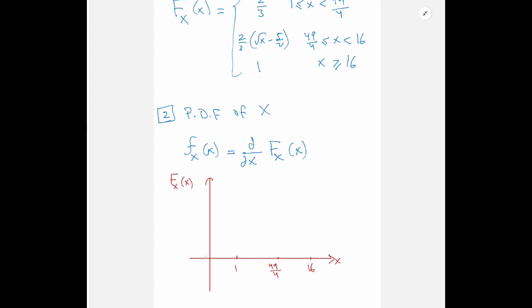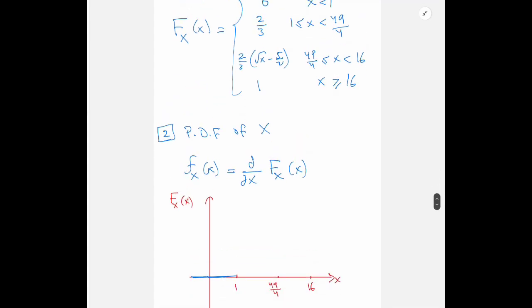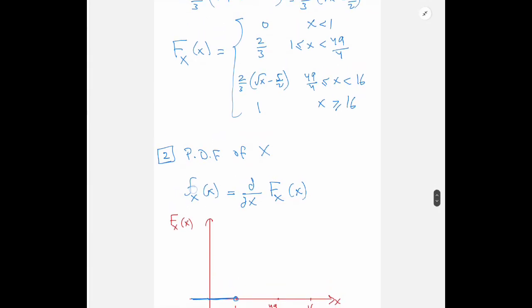So we have first the value 0 from minus infinity to 1, and this is an open circle. And then from 1 to 49/4, we have a jump.